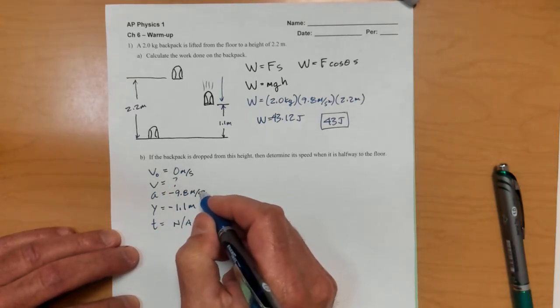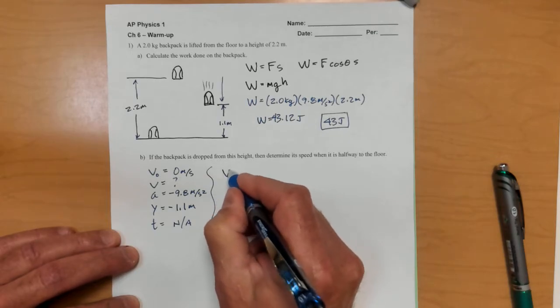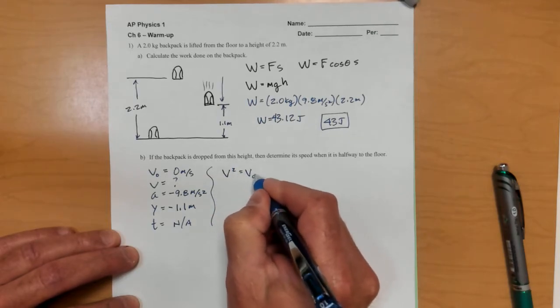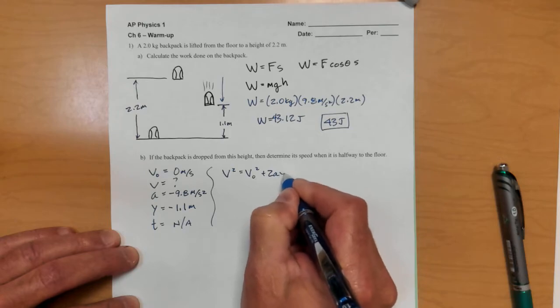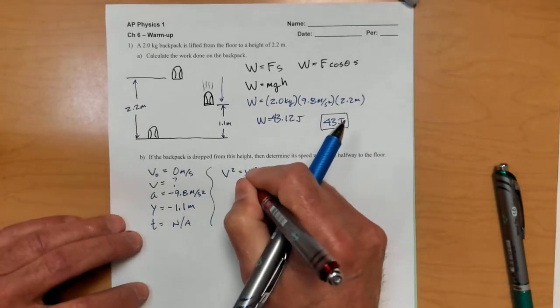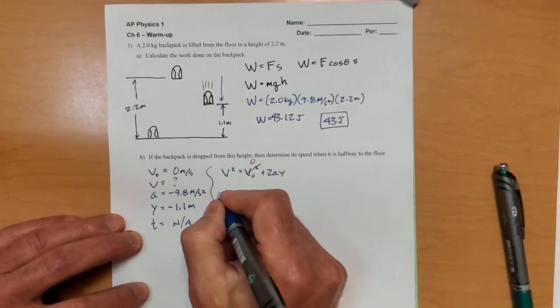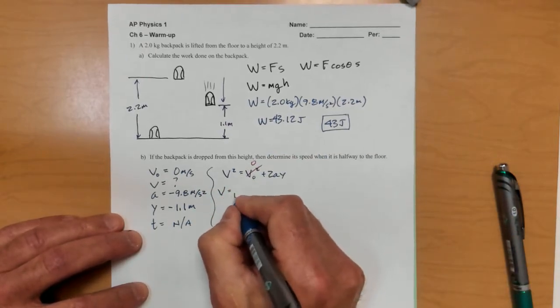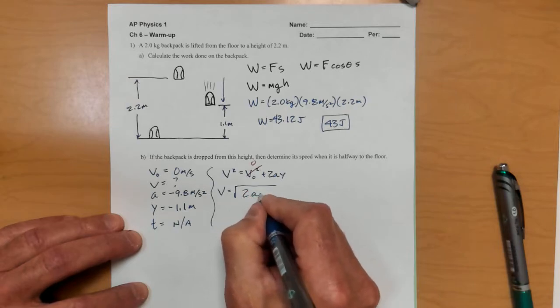This gives us the fourth equation, V squared equals V naught squared plus 2AY. We know the initial velocity is 0, so V equals the square root of 2AY.